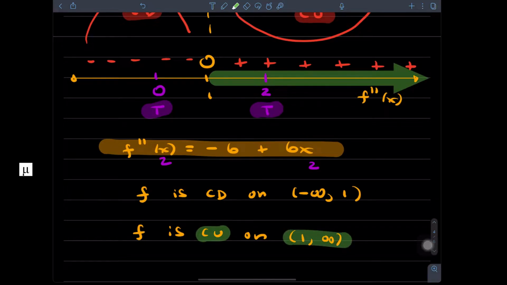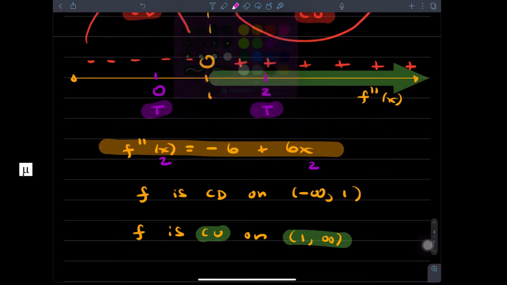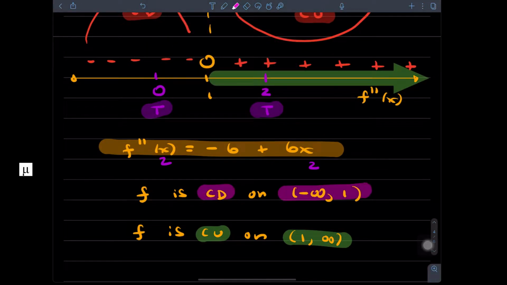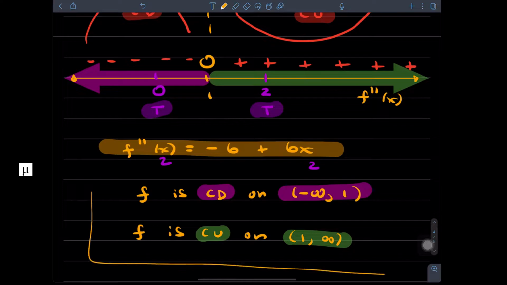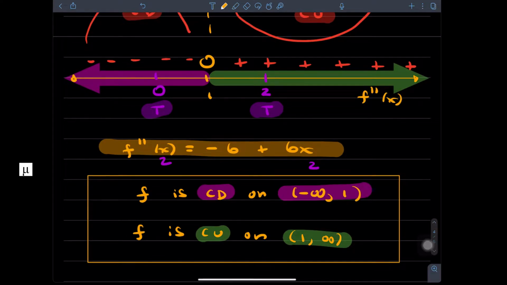Concave up. That's the interval, 1 to infinity. Concave down is what? Is this way. And there you go, ladies and gentlemen.